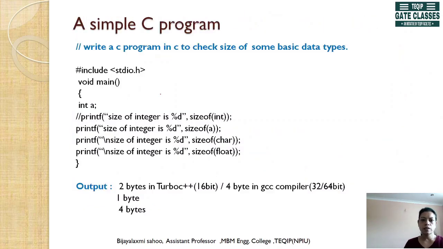Next, how to check how much memory it is going to occupy. We have an operator called the sizeof operator. Through the sizeof operator, we can check how many storage locations or how many bytes each data type is going to occupy.